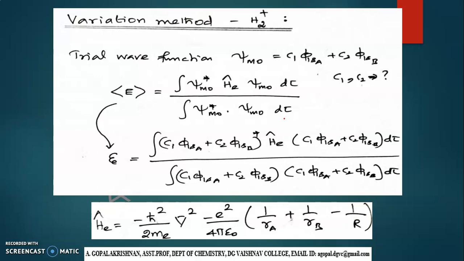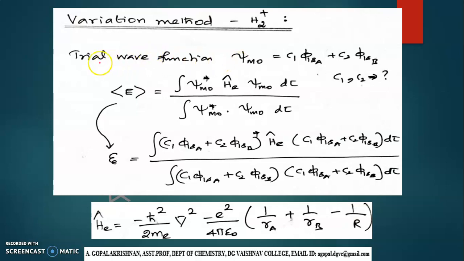In the variation method we know very well what steps we should follow. First, we should guess a trial wave function. I have told you that in molecular orbital theory, the wave function should be given using the approximation called linear combination of atomic orbitals.